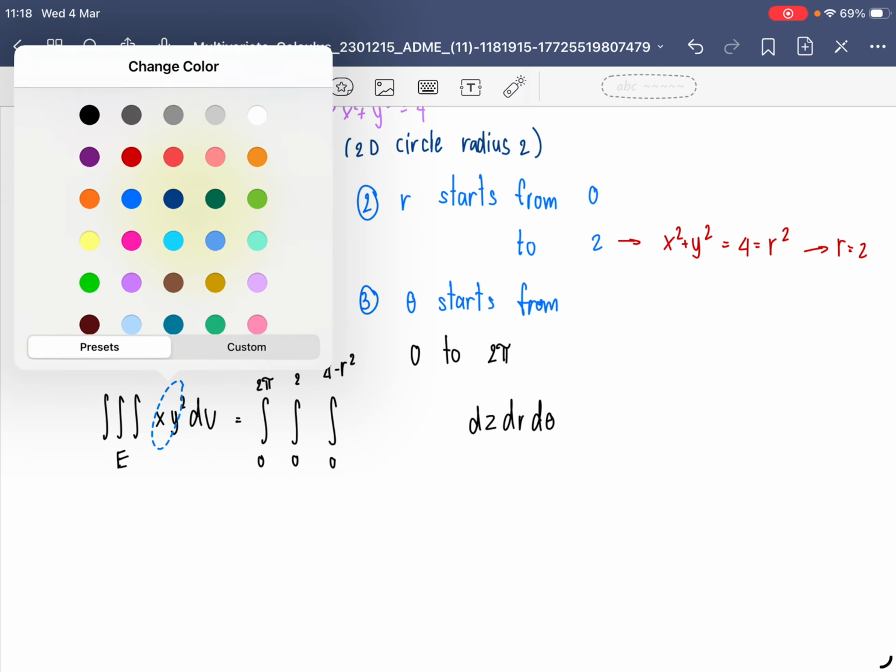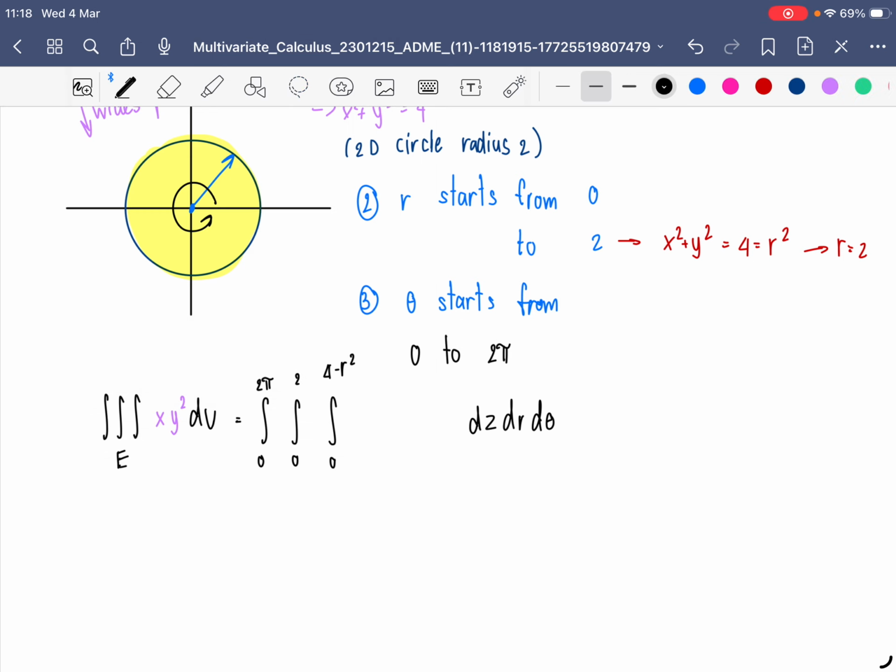So x is r cos theta, y is r sine theta, squared. Don't forget the final touch.